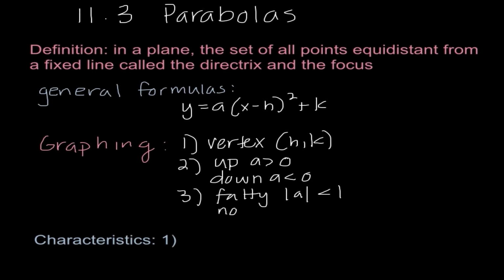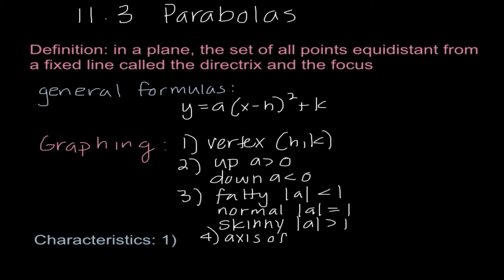It was normal if the absolute value of a was equal to 1, and skinny if the absolute value of a is greater than 1. Our fourth thing with graphing was our axis or line of symmetry, which is a vertical line, x equals h. We actually learned all of this information back in chapter 5.